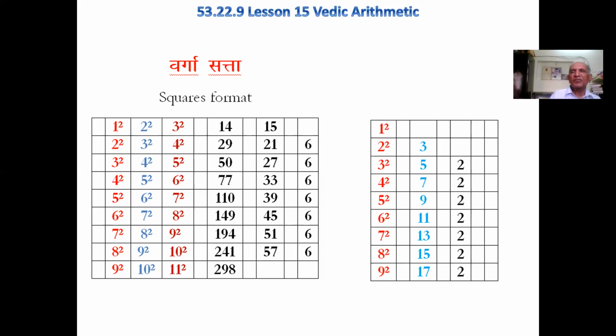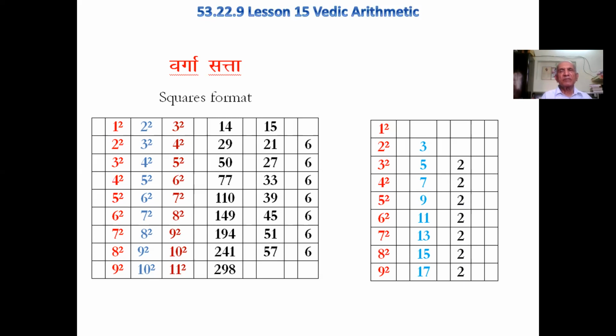And the difference value is 15. Step ahead, 3 square plus 4 square plus 5 square is a value 50. The difference value from the previous triple is 21. The difference of 15 and 21 is 6. One shall sit comfortably and have a visit to this Varga Satta squares format, and one will be blissfully parallel with it. And this tabulation, together with the previous tabulation, will help us have a comprehension of the basic format processing steps of Vedic arithmetic.